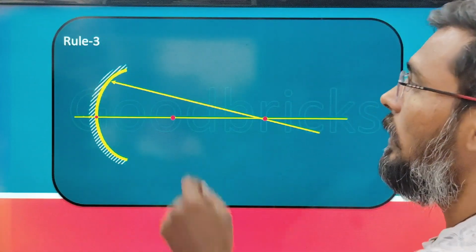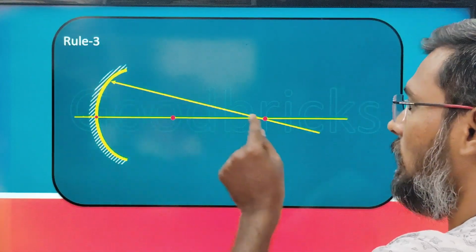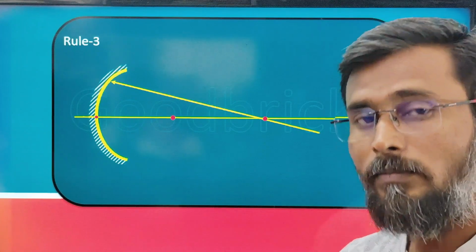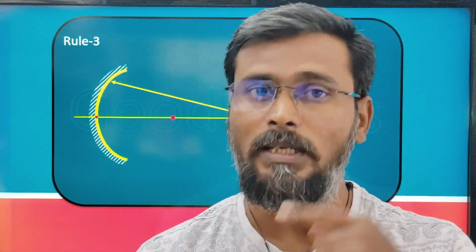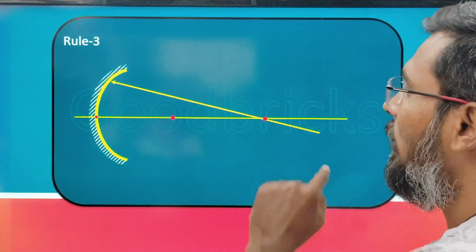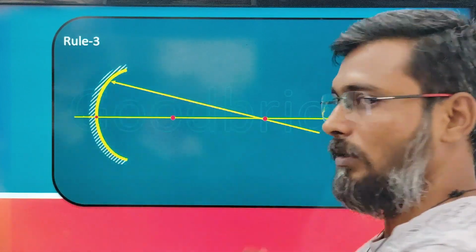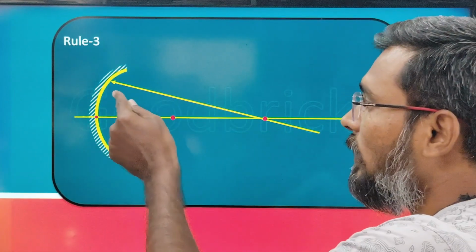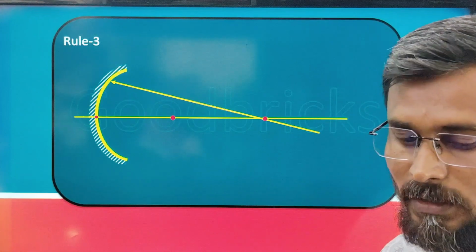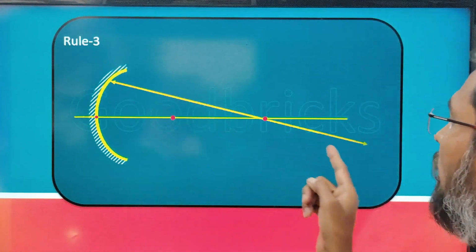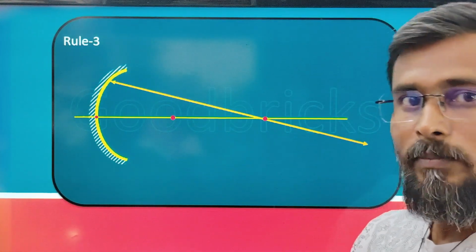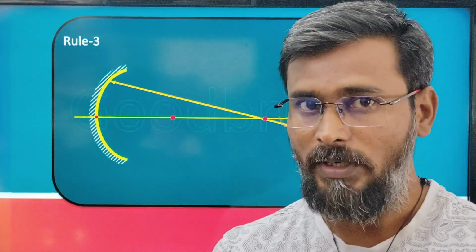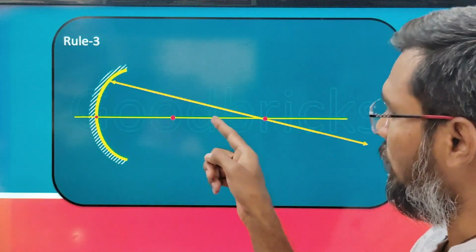The reflected ray passes through the same path but in the opposite direction to the incident ray. The incident ray direction is this side, and observe the direction of the reflected ray: the path is the same but the direction of the reflected ray is opposite to the incident ray.